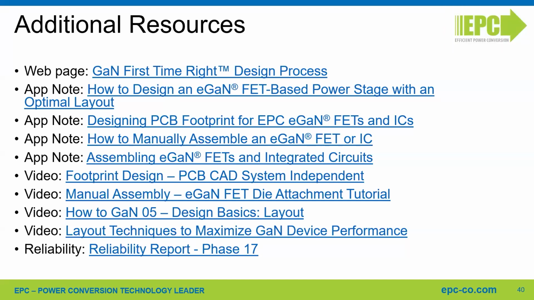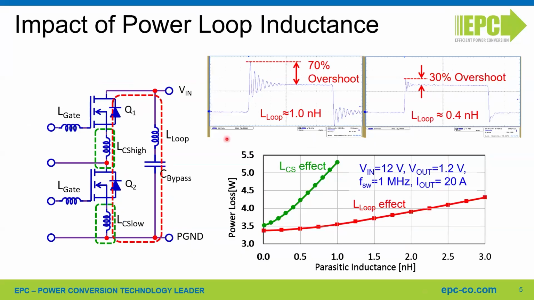Let's go to the slide. This one, okay. So the higher dissipation is due to the bouncing energy between the output capacitance of the device and the bypass capacitors. So these overshoots.